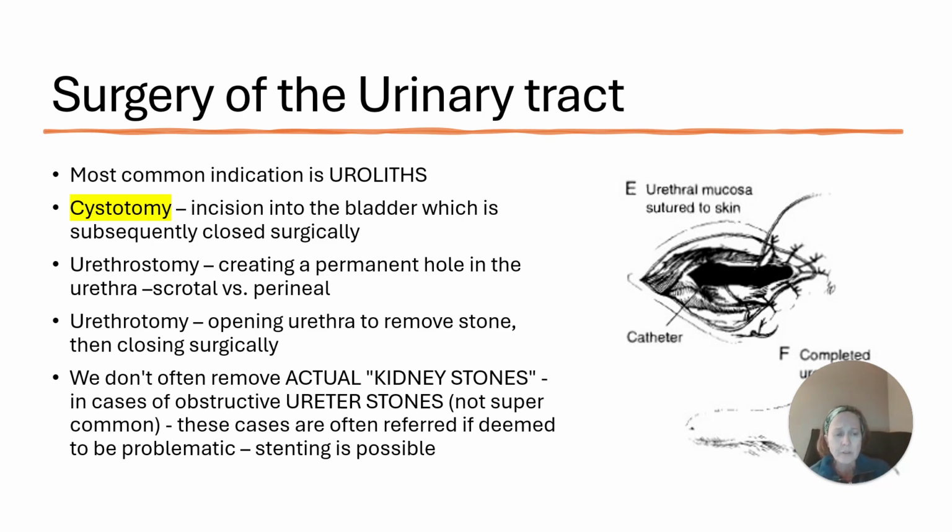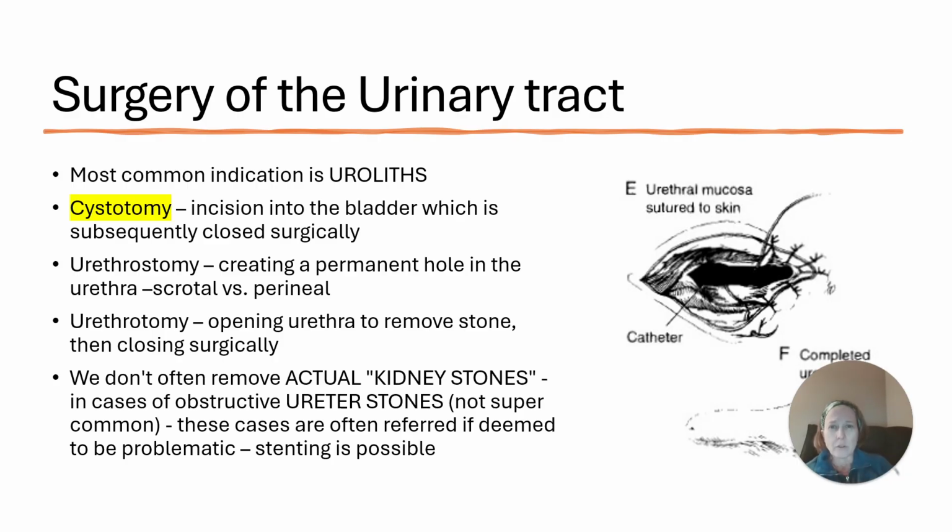We don't actually often remove true kidney stones. People will say the term kidney stone. Clients will say it all the time. They are usually talking about bladder stones, not kidney stones. But there are stones that can get up in the kidneys. And when they get up there, we don't usually do much about it unless they are actually causing problems.